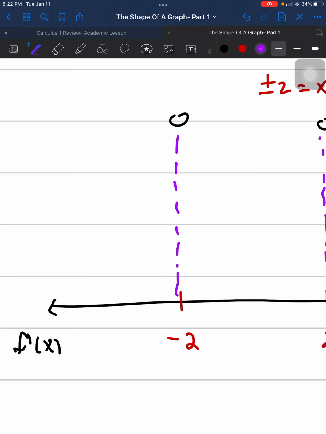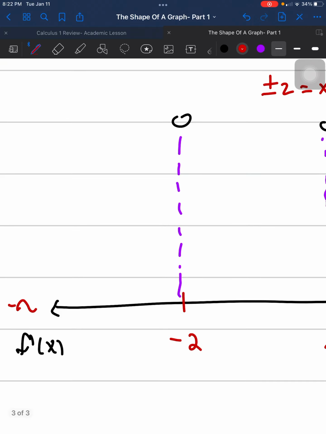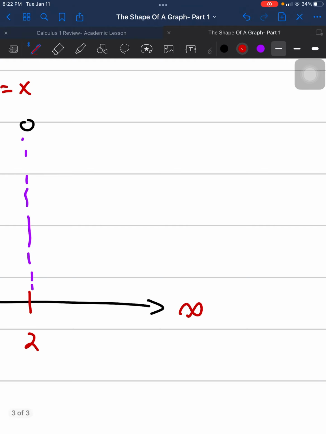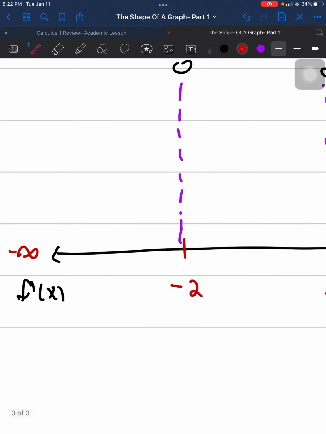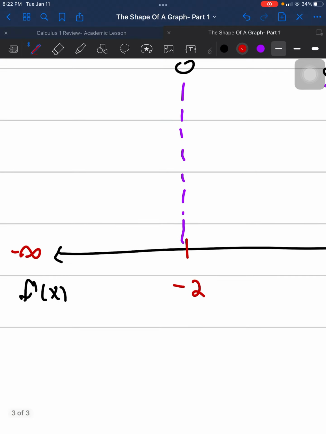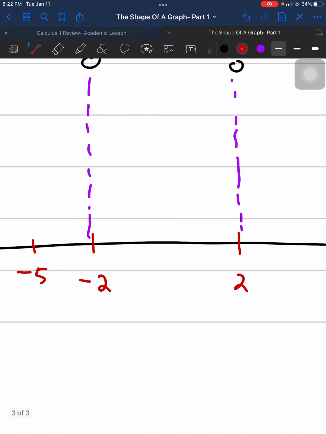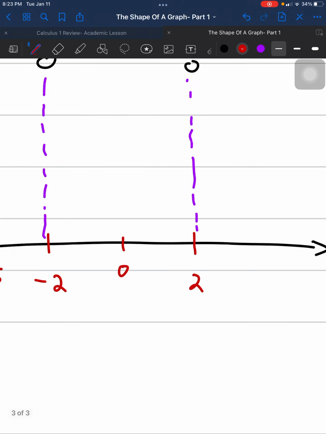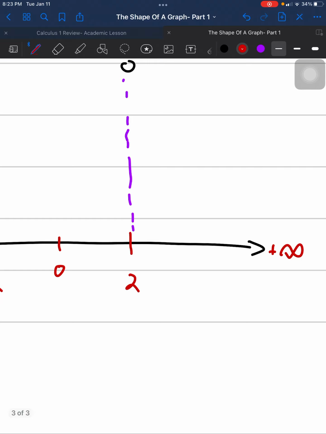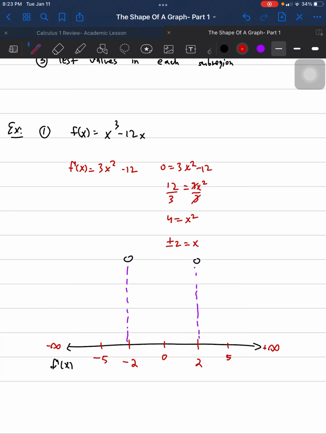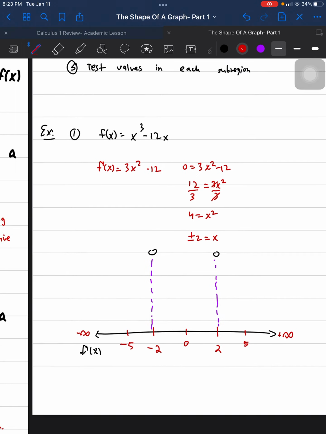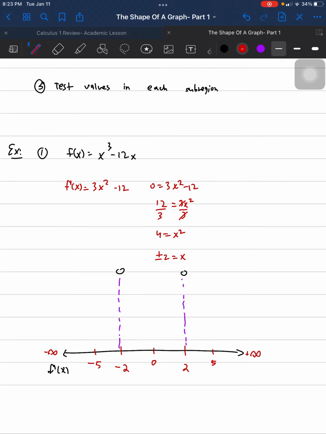Those are the critical points. And now we just pick values in between the subregions. From negative infinity to -2, we can pick a simple value like -5. Between -2 and 2, we can pick 0. And from 2 to infinity, we can pick 5.